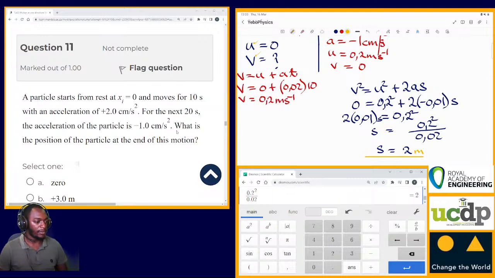And what is the position of the particle at the end of the motion? So what we did, we had to break this down into two.